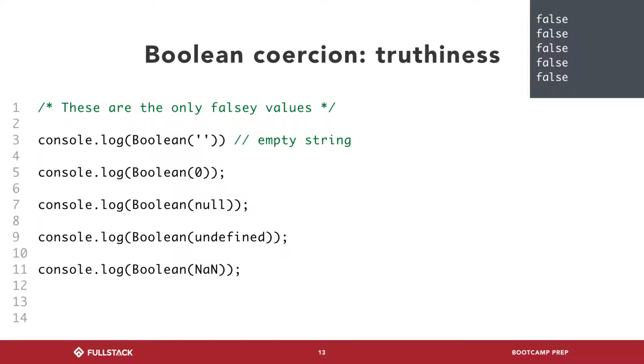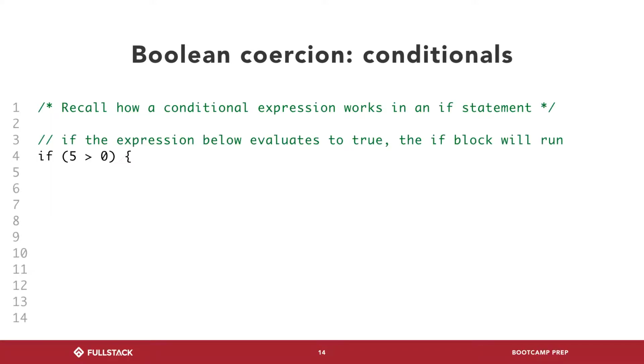So a lot of times you'll see us use falsy and truthy in this way. Okay. So why is converting something to a boolean important? Or rather, what's an example that we've seen today where converting things into a boolean was super critical? Loops, right? The conditionals.